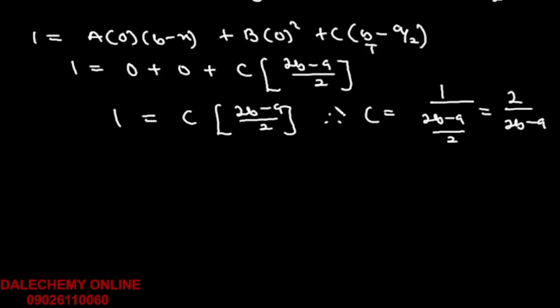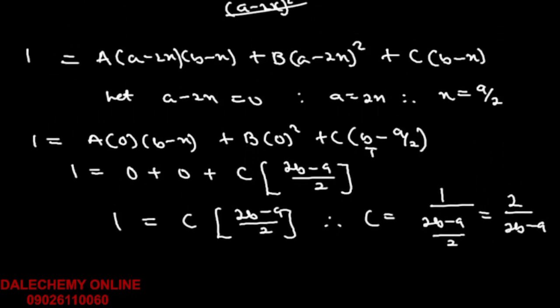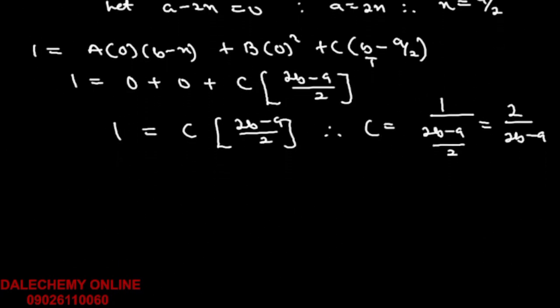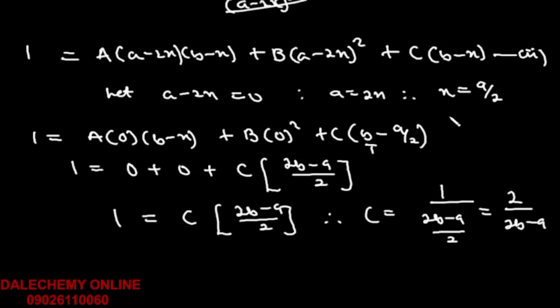Now let's label this equation 2, and this equation up here, this one, equation 1. All right, so now after that you want to get the value of b and a as well. So to get the value of b, just make sure b minus x is equal to 0, so that all this goes and all this as well goes.